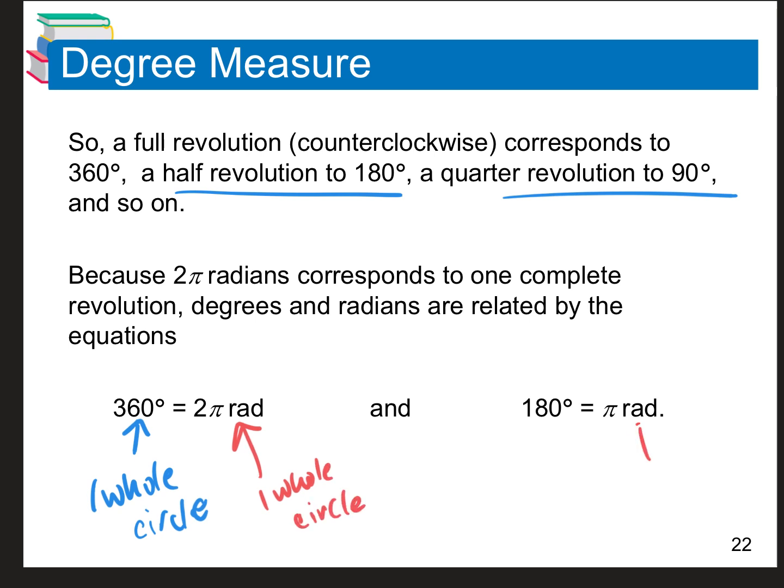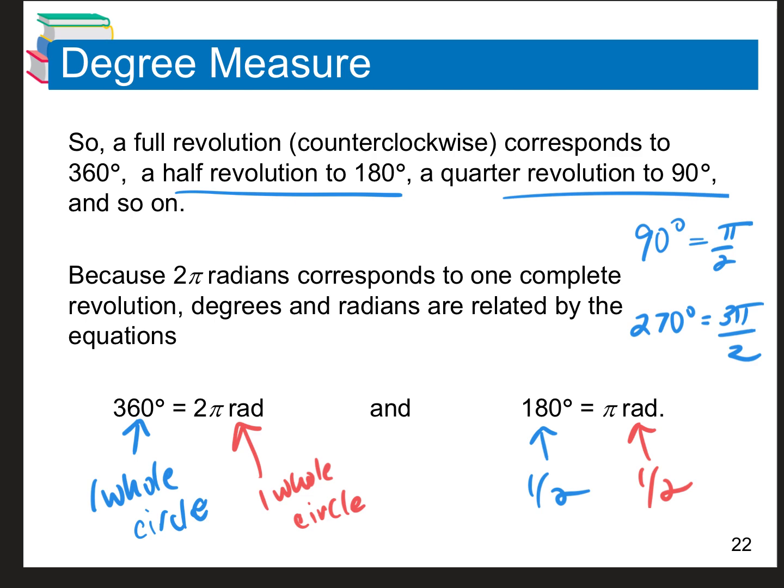So half of a circle is pi, and half of a circle is 180 degrees. So get those equivalents in your mind. A quarter of a circle is 90 degrees, or also, pi over what? 2. And then 270 degrees is 3/4 circle, and that's the same as 3 pi over 2.